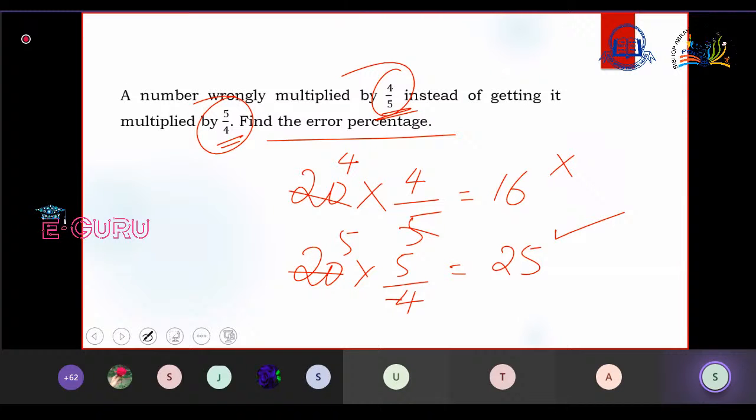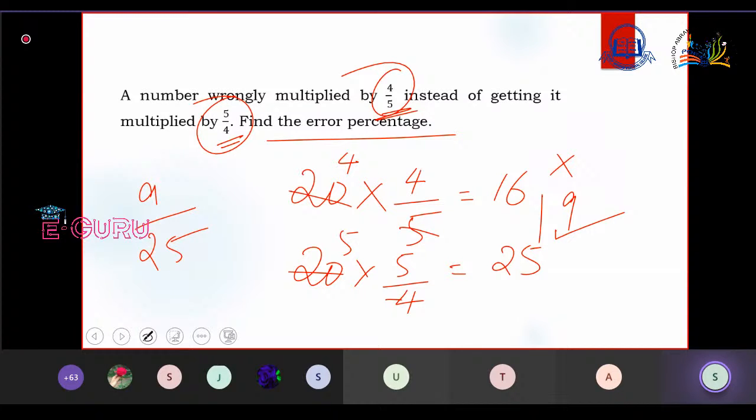So the error is, sorry, 9 less. The actual value should be 25, but he obtained only 16. That means 9 less than the actual value.